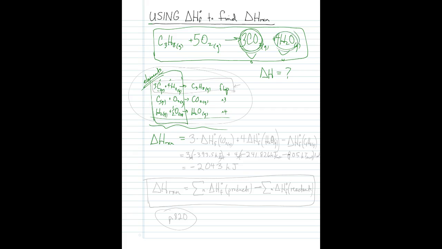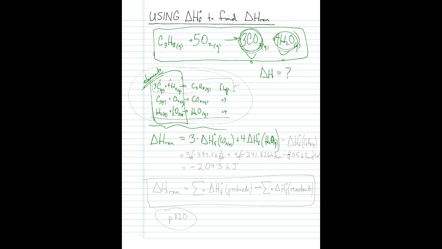So let's take 3 times the delta H of formation of carbon dioxide gas. Let's take 4 times the delta H of formation of water, and make sure you put gas, because when we look this up in our thermodynamic table, there's a value for gas and for liquid for water, so we have to be careful.